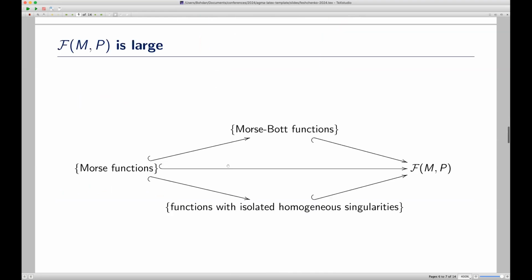This class of functions is large. It contains the class of Morse functions and the class of functions with isolated homogeneous singularities, as well as the class of coarse functions.